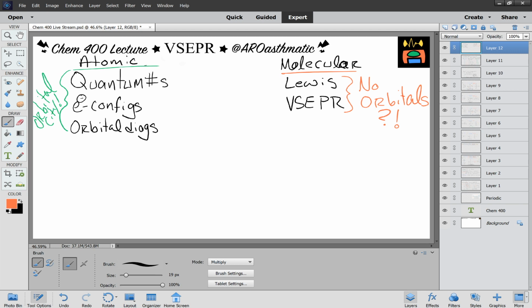Well, Lewis theory and VSEPR theory don't deal with orbitals at all. Not directly, especially VSEPR. VSEPR just looks at a Lewis structure and says, logically, if we're assuming these electrons repel each other, they want to get as far away from each other as they can, let's use geometry to explain it. But what about the orbitals?